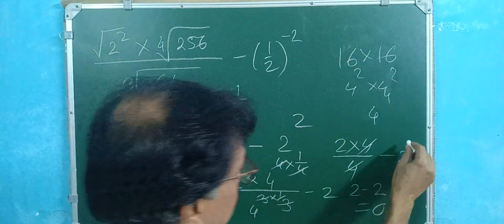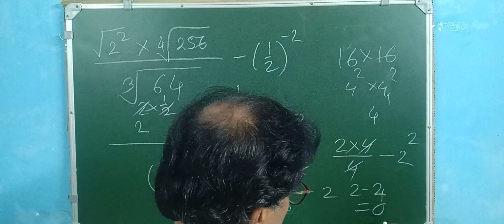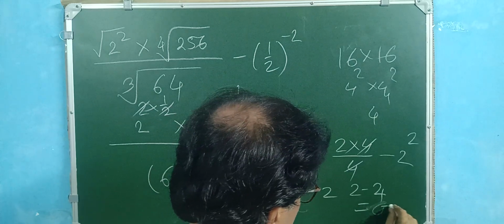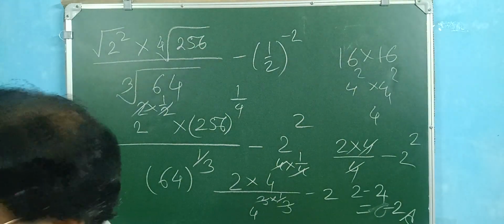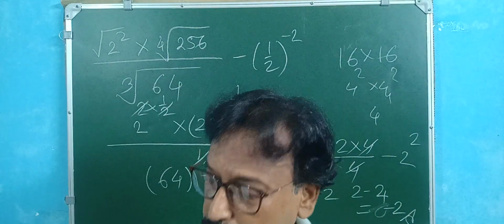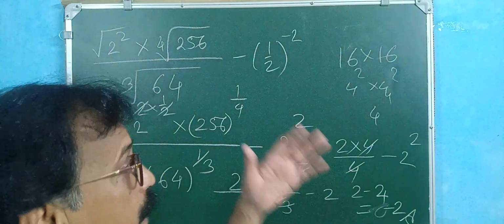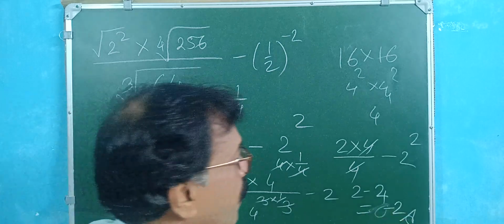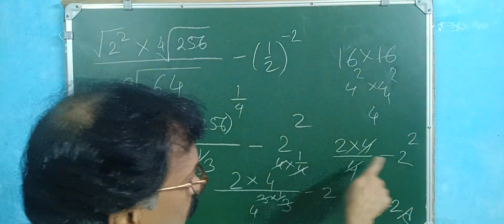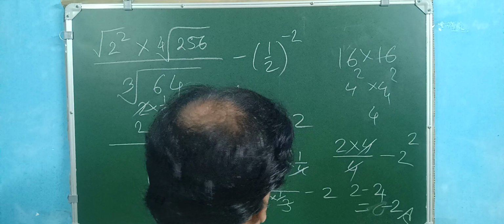Oh, this is 2 square. So 2 2s are 4. This is minus 2. This is the answer. No problem. Don't panic. In this way you solve the sum. The calculation must be okay, for that the answer will be right. Here is 2 square. 2 square means 2 2s are 4. So 2 minus 4 is minus 2.